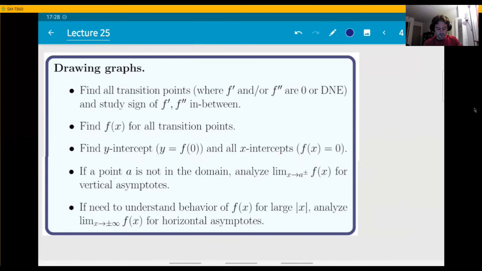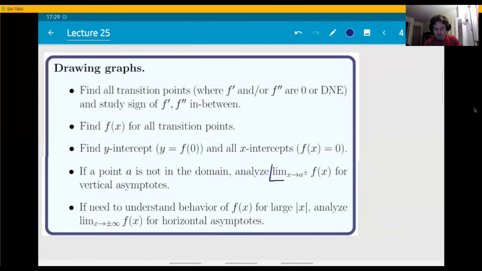Now, if you have some point A that is not in the domain of the function, like in the previous situation where we had x minus 2 in the denominator, analyze the limits as x approaches this A, both from left and right, in order to understand if there are any vertical asymptotes.